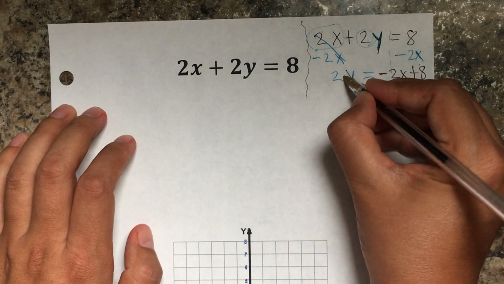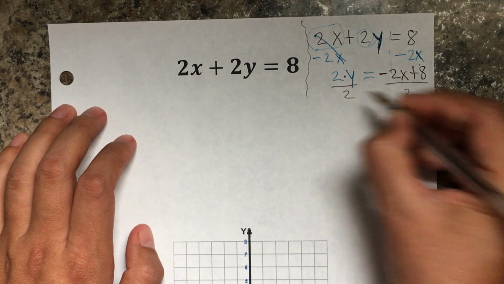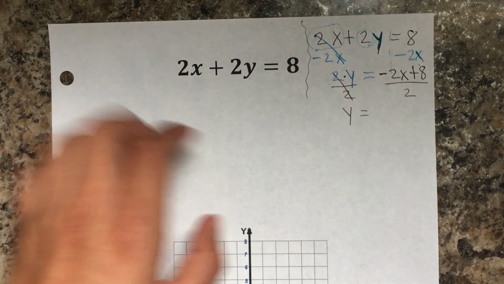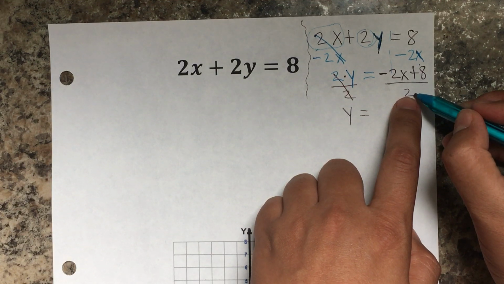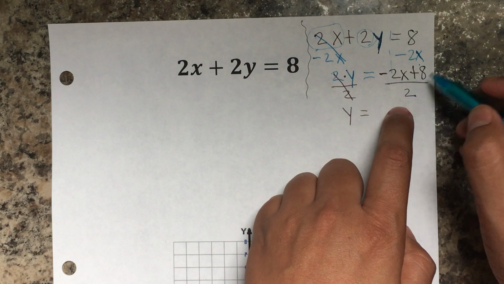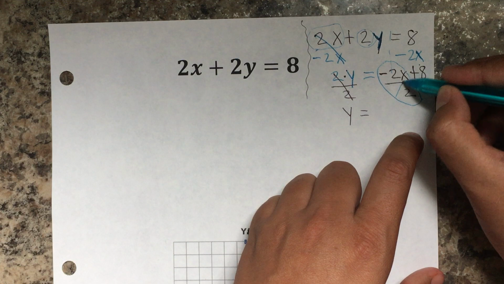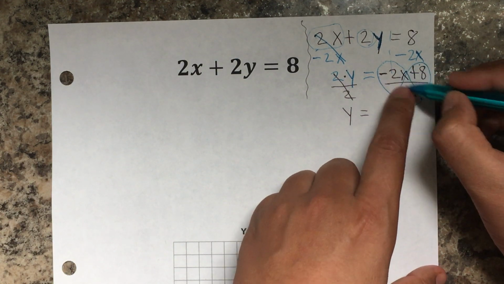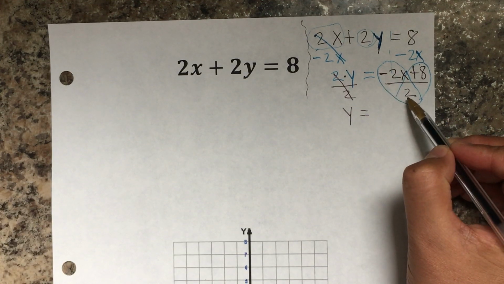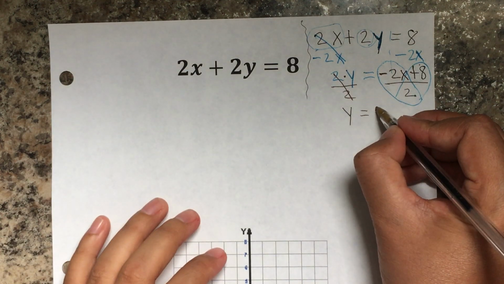The last step is that if you're multiplying, the opposite is to divide. And so this cancels. So y equals. Now in here, when you are dividing by 2, it means that this term has to divide by 2 and then the other term has to be divided by 2 as well, because there is a plus sign in the middle. So I said this is like the pretzel. You divide each term by 2. Negative divided by positive is negative. 2 divided by 2 is 1.